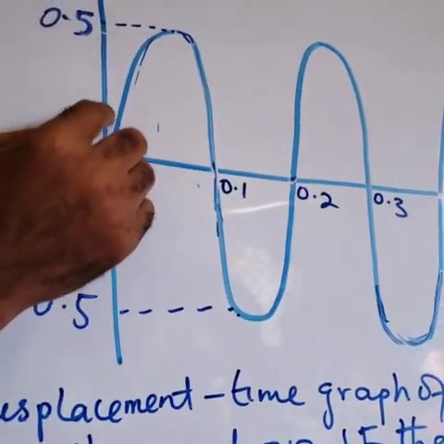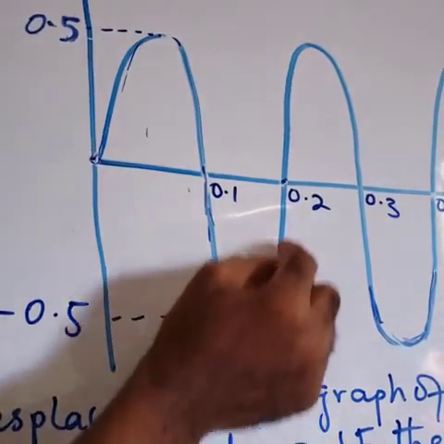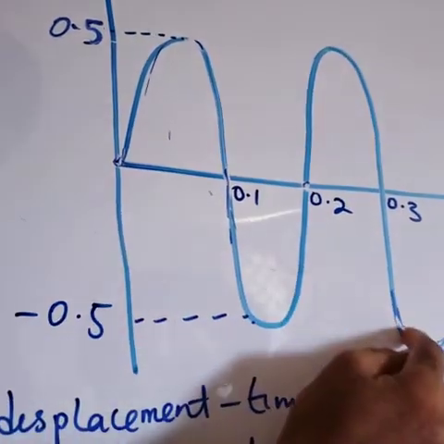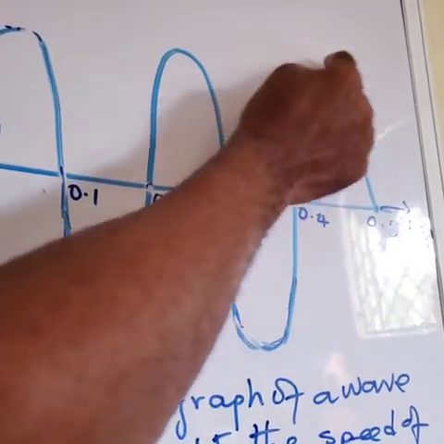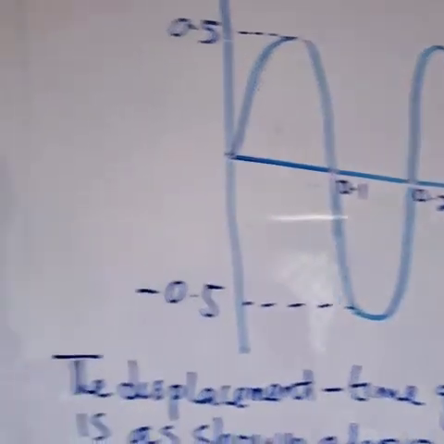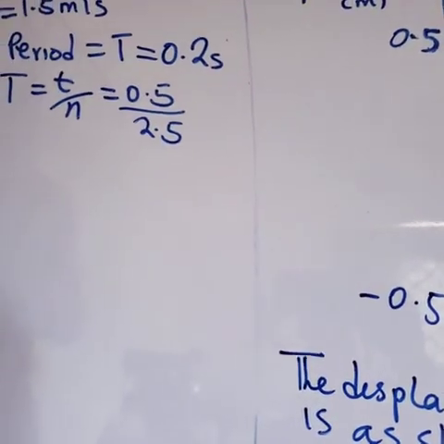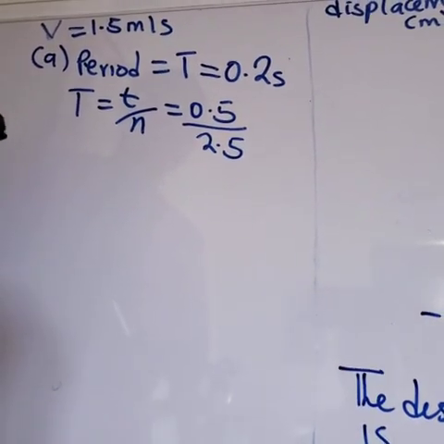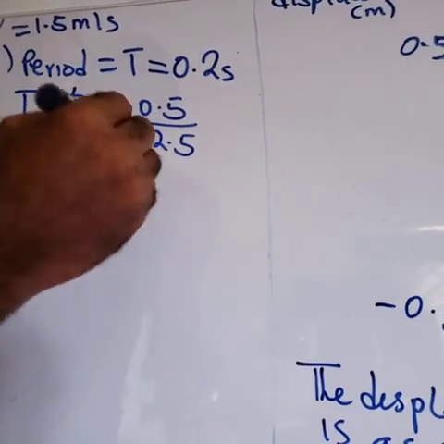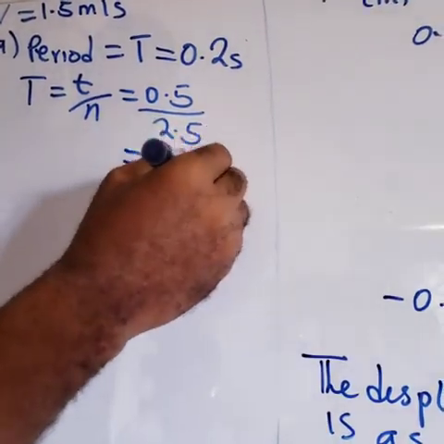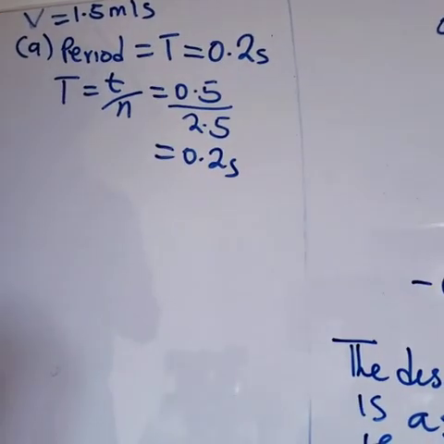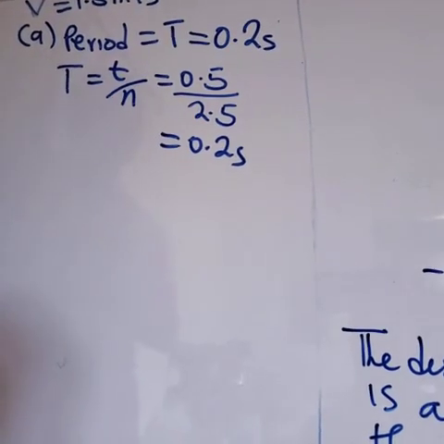From here to this place is one cycle. Again, from here to this place is another cycle. Then from here to here is half a cycle. So that means 2 cycles and a half, that means 2.5 cycles. What do you do? 0.5 divided by 2.5. The answer is 0.2 seconds. You see, the same thing you got by just simply tracing the time the wave used to complete one cycle. So any of the methods will work.